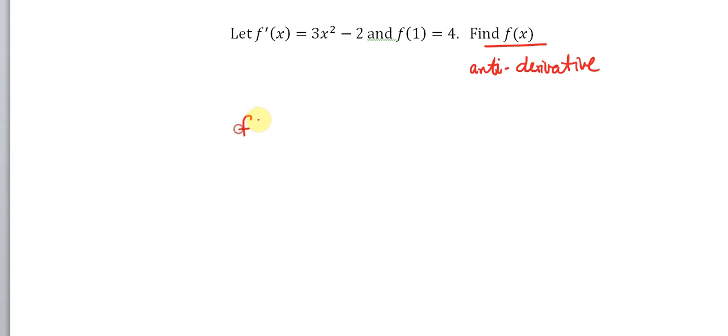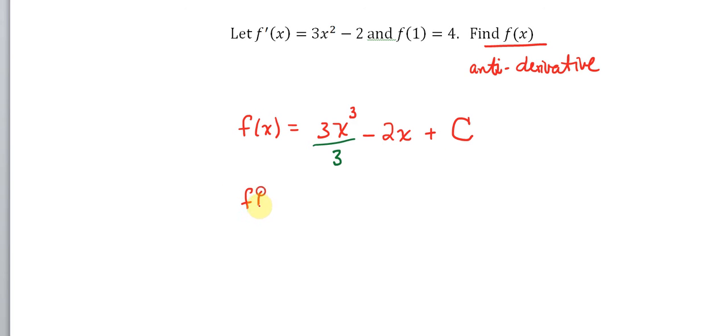So to find f, using the power rule, we're going to take x and increase the power by 1, and then we still have this coefficient of 3 in here, but then remember we need to divide the whole thing by this new coefficient as well. Okay, and for the term where you have 2 right here, it's just going to become 2x, and remember we're going to add a constant at the end.